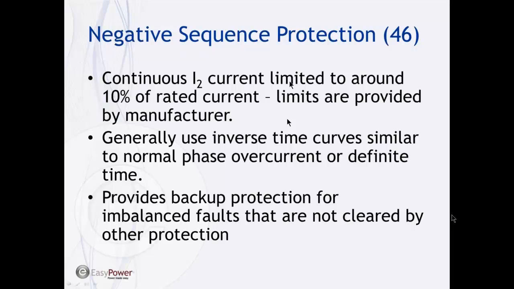One is for these kind of long-term imbalance issues, and the other is to detect imbalance faults that's going to really provide backup to your other protection. So negative sequence is very important because of the sensitivity of the generator to negative sequence currents, particularly the issues in the rotor.